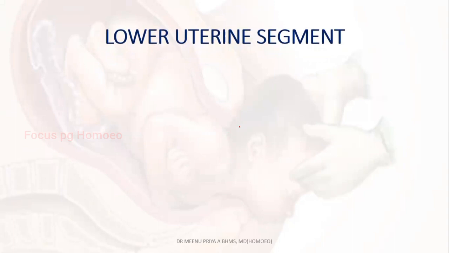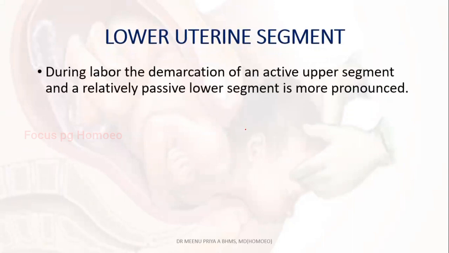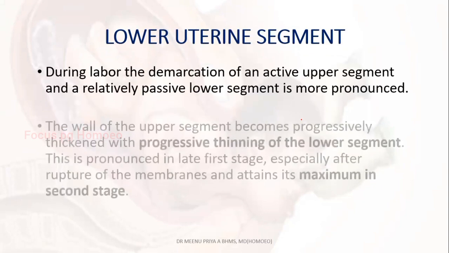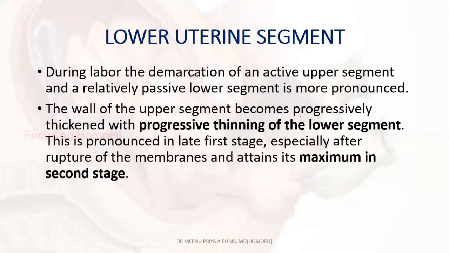Now, what is the lower uterine segment? During labor, the demarcation of an active upper segment and a relatively passive lower segment is more pronounced, and the wall of the upper segment becomes progressively thickened. We have to remember that for the expulsion of the fetus, the lower segment should not become thickened. It should be thinning, only then will it allow the fetus to come down.